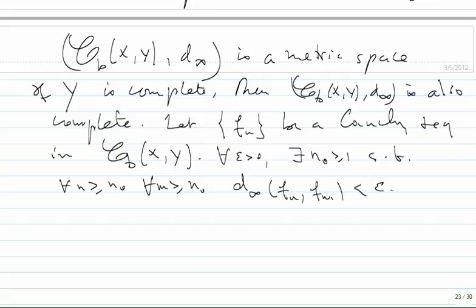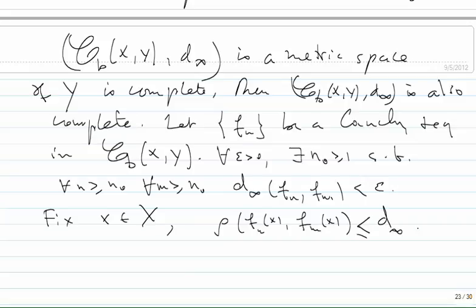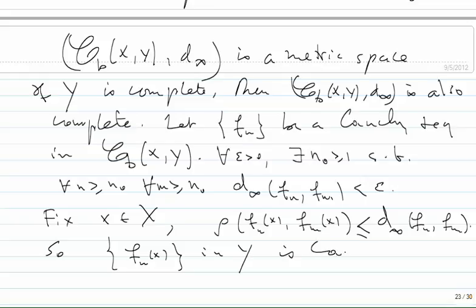Obviously, fixing x in X, the distance from f_n(x) to f_m(x) is less than or equal to d infinity of f_n and f_m. So the sequence f_n(x) in Y is Cauchy. And this is where we need the completeness of Y.